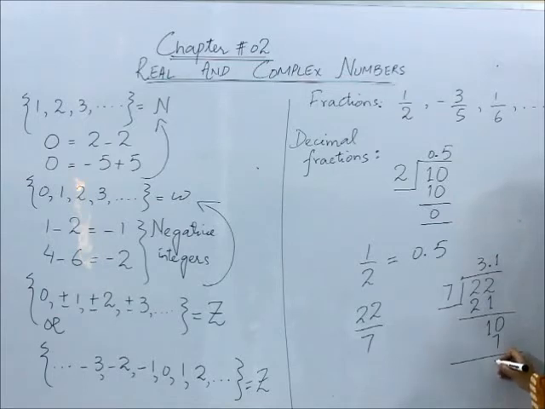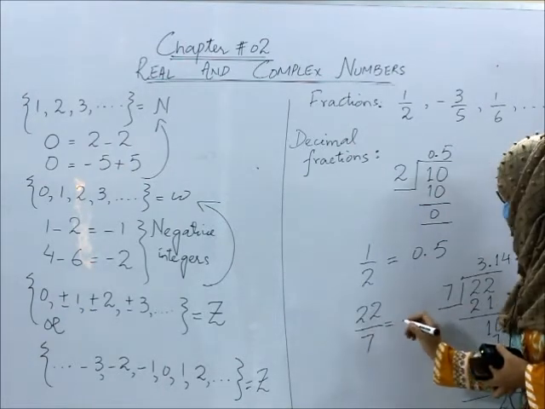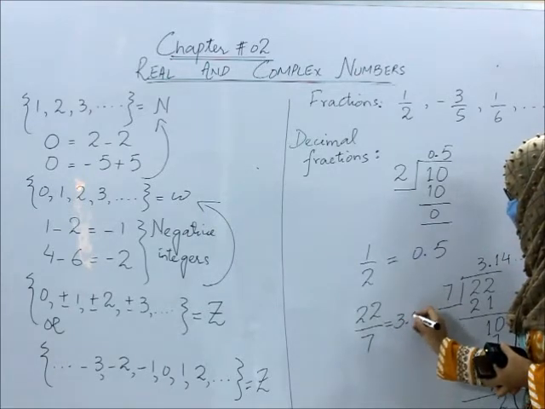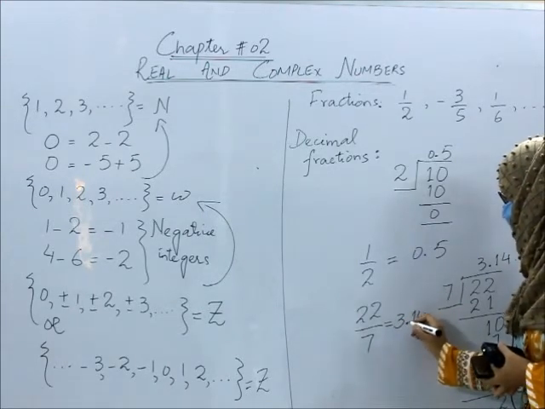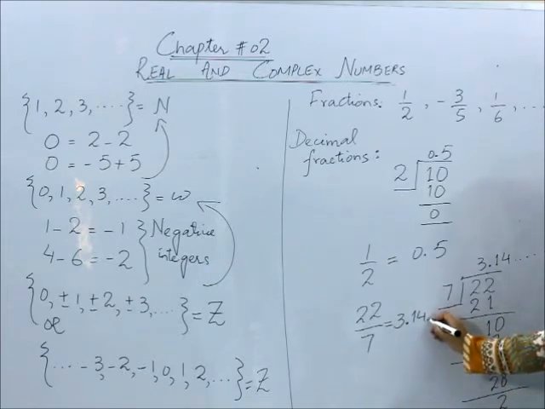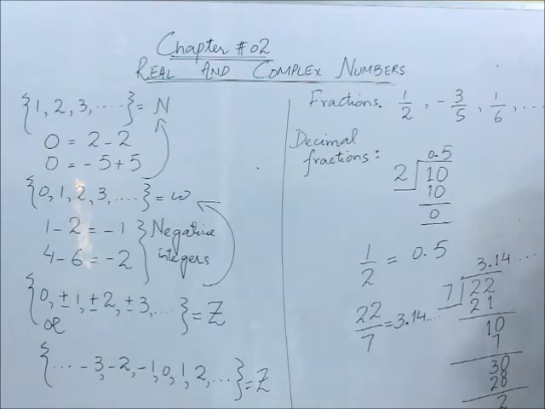What is our remainder? 3. Now we will again introduce a 0 and divide: 7 into 4 is 28. As all of you can see, the division is not going to end. We are not having a remainder of 0. It means the division will go on. So 22 by 7 will give you what? 3.14 and dot dot dot. What does this dot dot dot mean? The division is going to be continued.